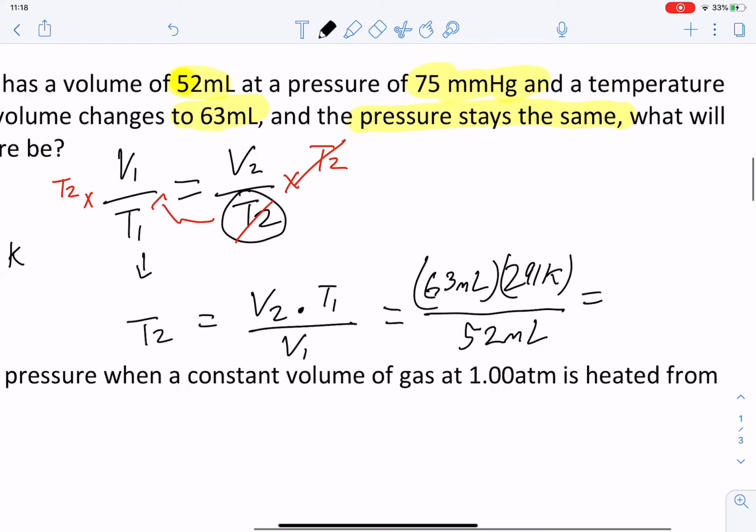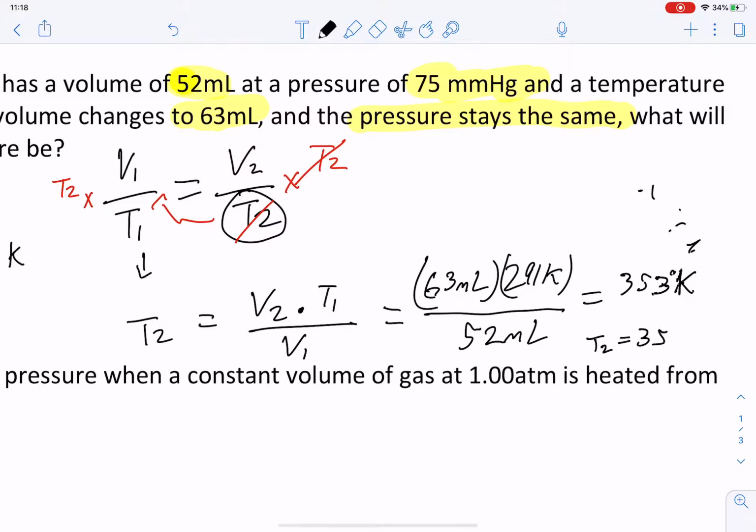We do that, and we get 352.5, so we're going to round that to 353, and since this is temperature, that's going to be in Kelvin. So that's our T2.